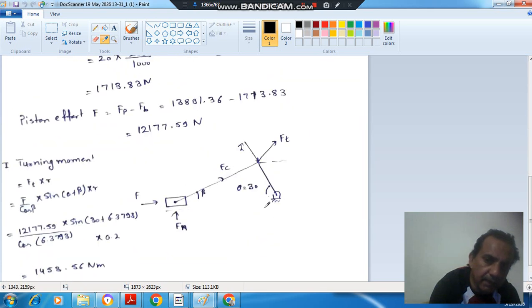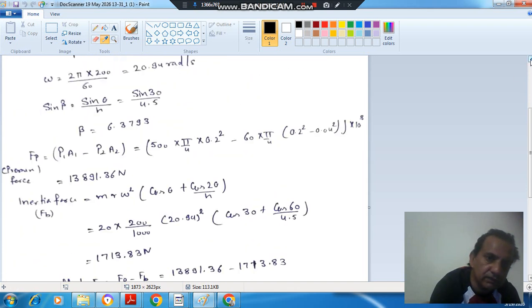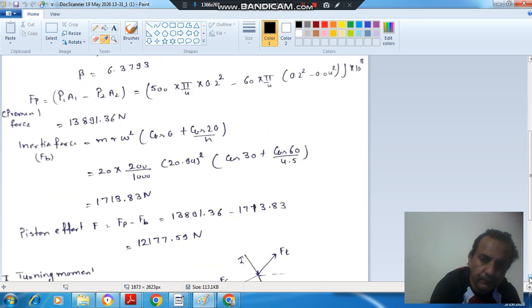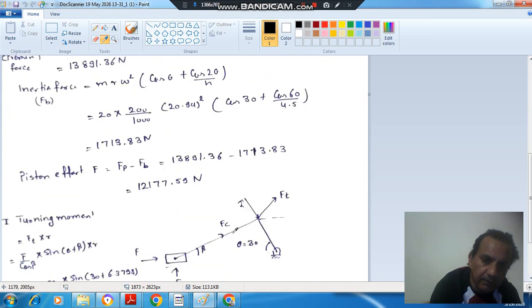This is the diagram at an instant where theta is equal to 30 degrees and beta we don't know. So we will calculate beta, because this is the crank radius and this is the length of connecting rod. Using the sine theorem, L by sine theta is equal to R by sine beta.